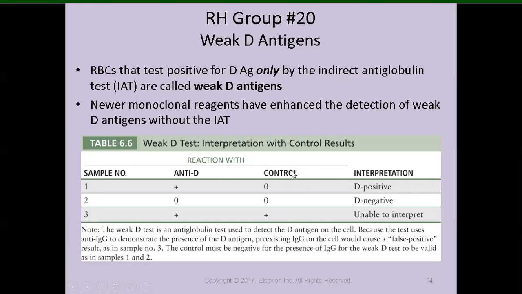Okay, so with the weak D test, we sometimes will run an Rh control as well. We talked about this Rh control a while ago, and now's the time where we're going to talk about it again. Okay, so let's look at sample number 1. This patient's red cells were positive with anti-D. They did not react with the Rh control. And remember, when we were talking about reagents, I mentioned that whenever we have anti-sera, it's not 100% pure antibody.